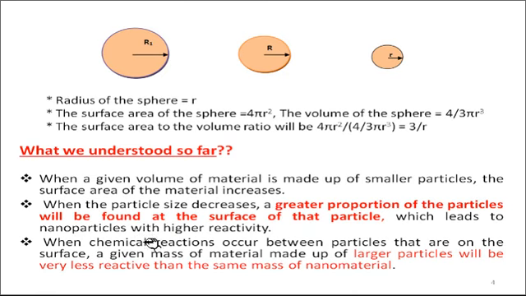And third point, when chemical reactions occur between particles on the surface, a given mass of material made up of larger particles will be much less reactive than the same mass of nanomaterials. That means you may have the same mass, but depending upon the size of the particle, the reactivity will vary.